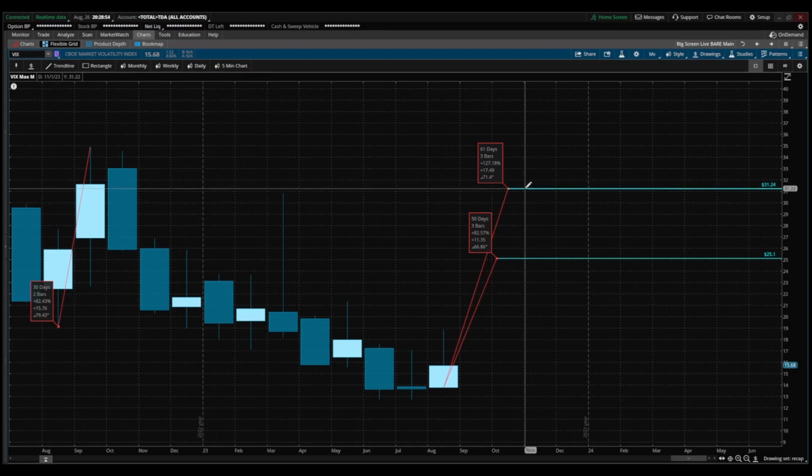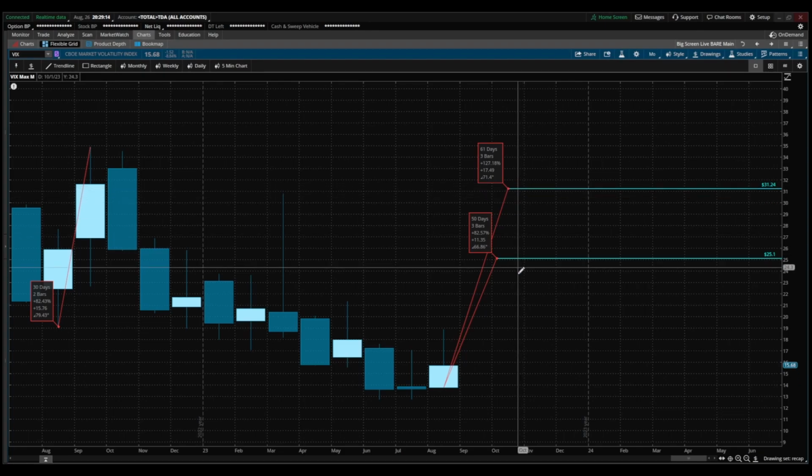A 127% move, which is the average spike you see in the VIX between August and the end of the year, would put us at a 31 VIX within the next 3 months, or 2 months now, because we're basically in September as it is.